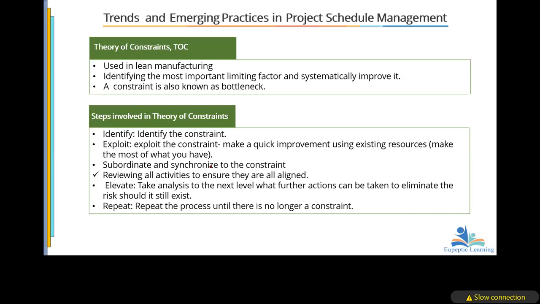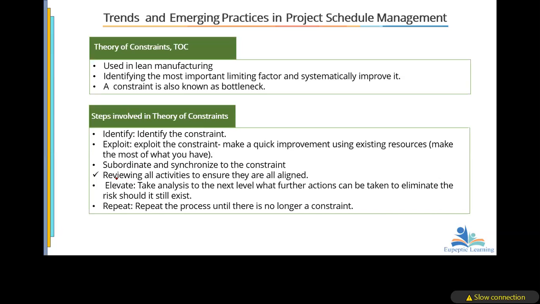Then you subordinate and then synchronize to the constraint. In other words, you must look at all the activities and make sure that they are aligned. Okay. In fact, TOC is a whole topic on its own. Okay, and Design for Six Sigma, you look at that into detail.